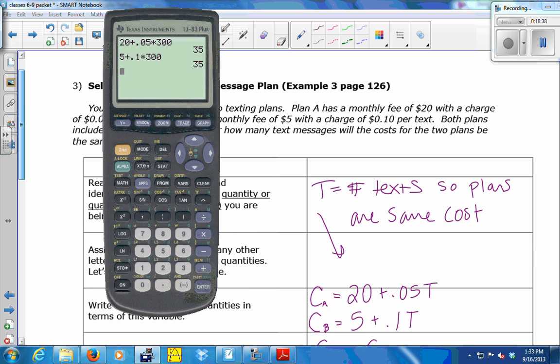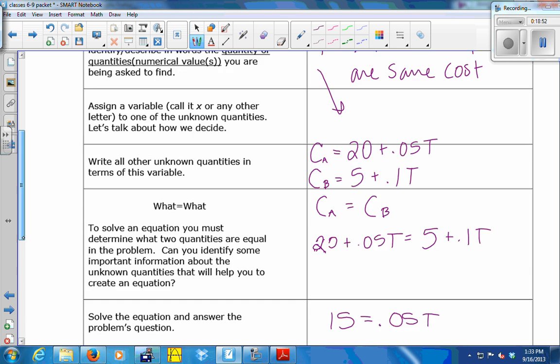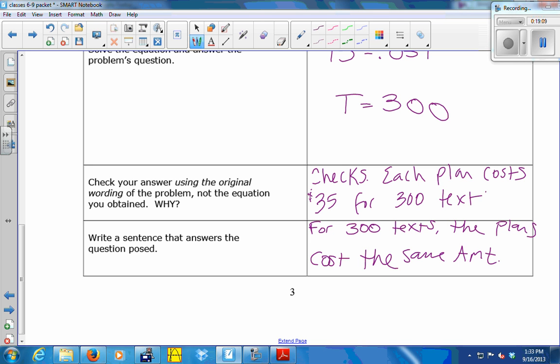So we are correct, 300 texts cost the same for each plan. Each plan would charge you $35.